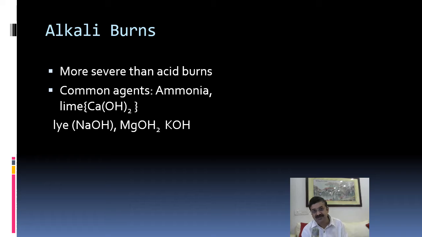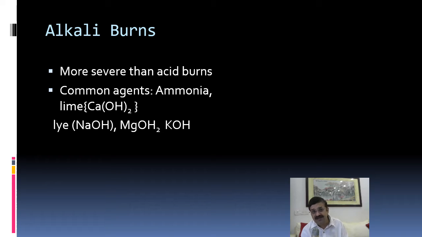This happens more in cases of the common bathroom cleaner or muriatic acid or hydrochloric acid, but in cases of hydrofluoric acid or concentrated nitric acid, this effect of eschar formation is not seen because they are very powerful acids and they do cause meltdown of the cornea very fast.